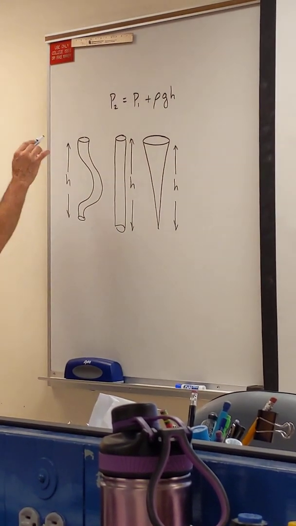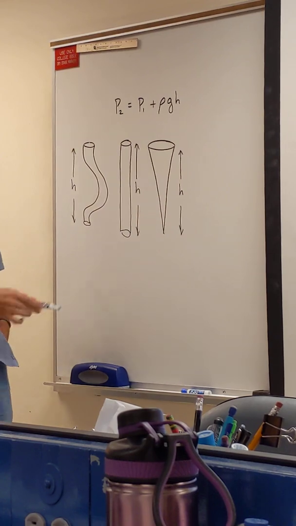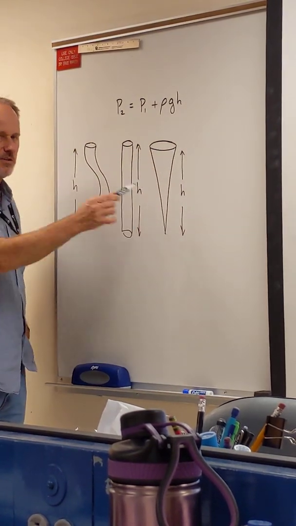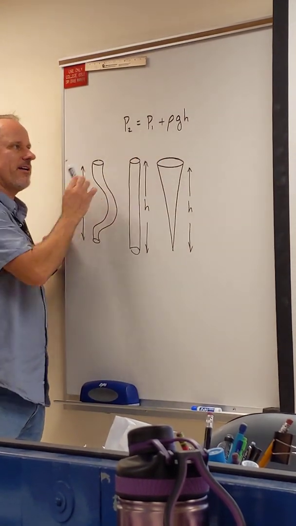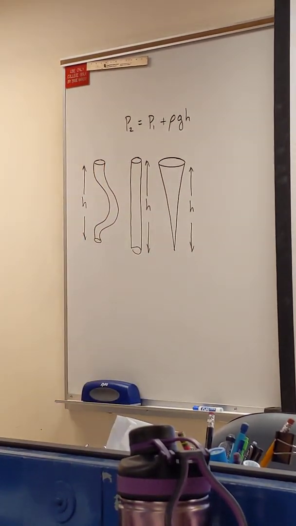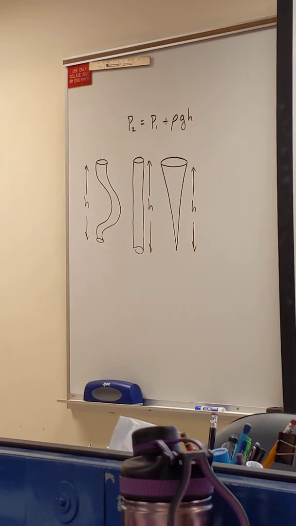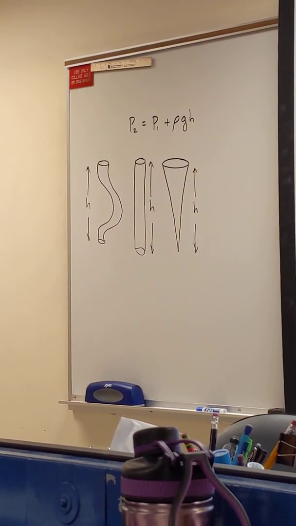It does not matter what shape this water is in, as long as we are some distance h below the surface, this will be the relationship between the pressure higher up and the pressure lower down in the liquid. It's just the vertical distance h that makes the difference.